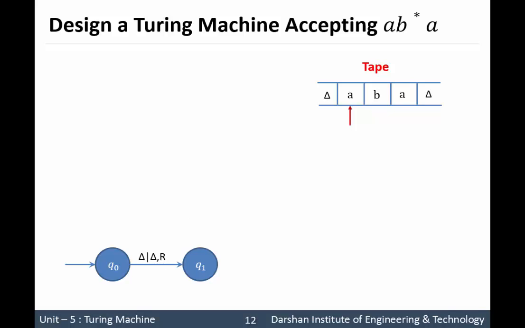Now our next character is small a. So as per our logic, a will be replaced by capital A. So from state Q1 to Q2, small a is replaced by capital A and move to the right direction.